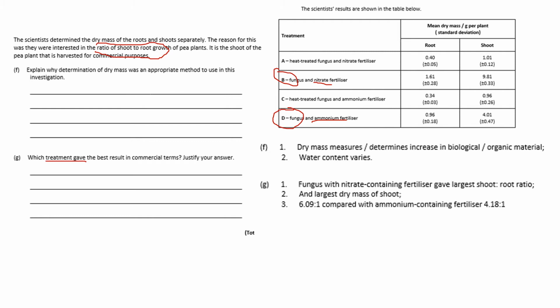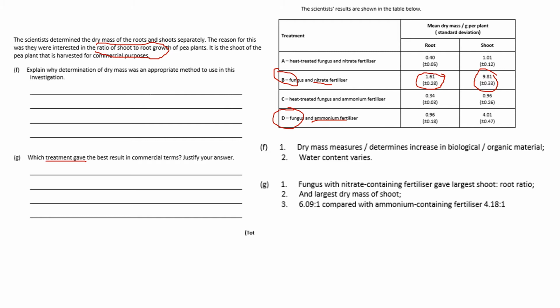What you have to do is very quickly work out a shoot to root ratio. So there's your shoot, put that one first. You take your 9.81 figure and divide that by the root biomass, or dry mass, figure there.